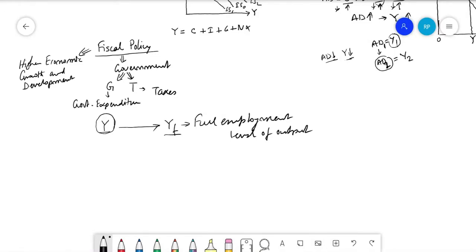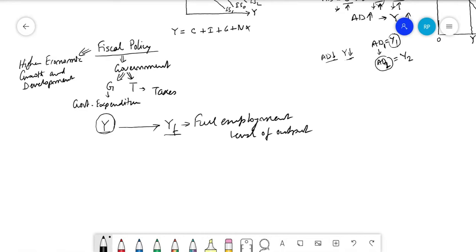Under fiscal policy, the government can change only these two instruments and try to bring the economy from Y to YF level of production. And the policy they are implementing is known as fiscal policy.